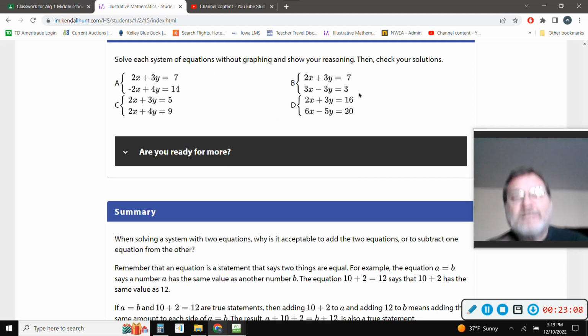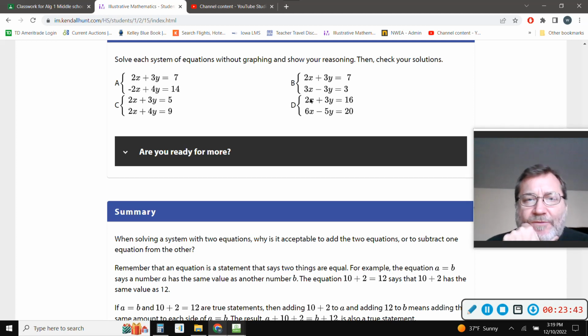And look at this one. Let's see. Anything interesting here? Well, I've got no exact numbers, but I can do some substitutions on this. And I don't have things lined up where I can just do a simple addition, so elimination is not going to work here as is. I could do substitution and try to figure it out, but I'm going to do elimination by multiplying the top one here by a negative 3.